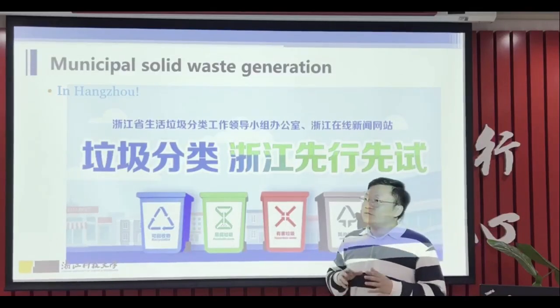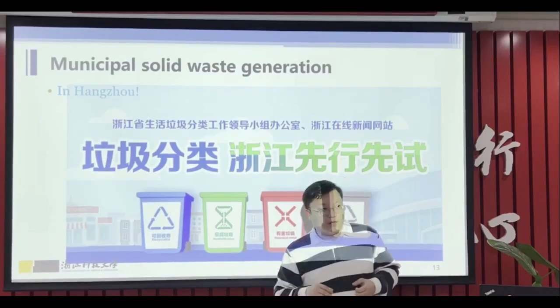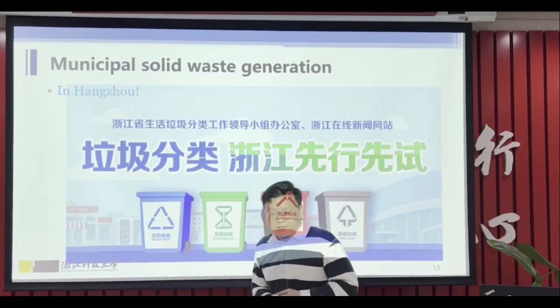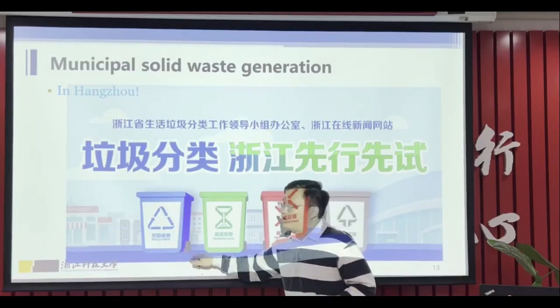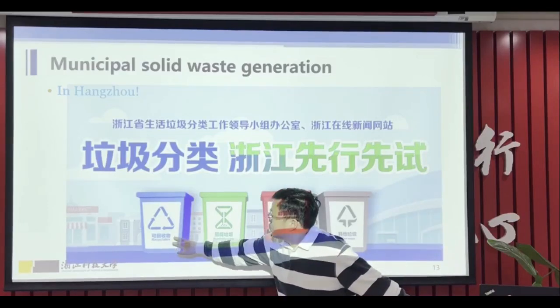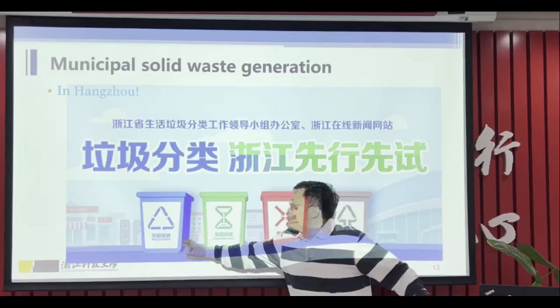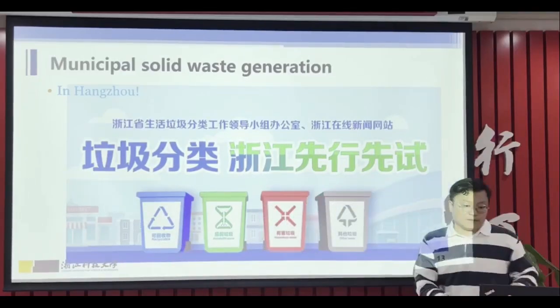So when we use the source-separated collection, we can collect different types of waste from the very beginning of the waste collection, so that we can do a better disposal, treatment, and recycling of municipal solid wastes.